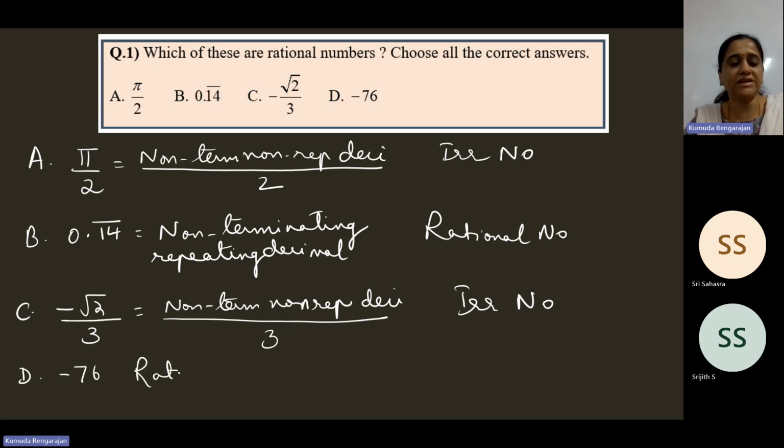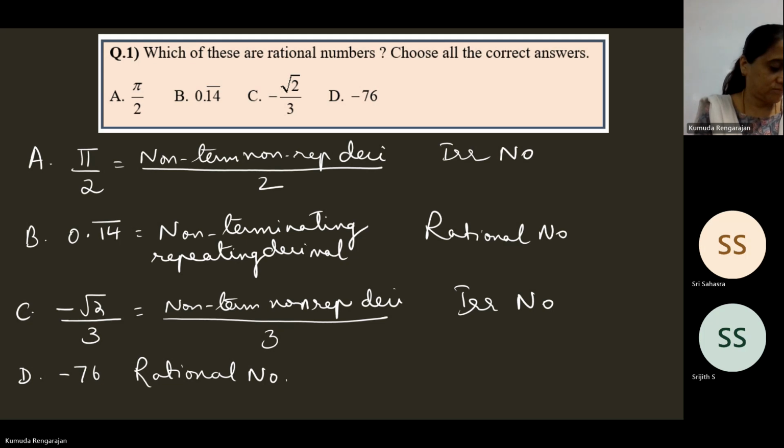Because it's an integer. It's an integer and also it's minus 76 by 1, p by q. So write everything. You must not write B and D only.